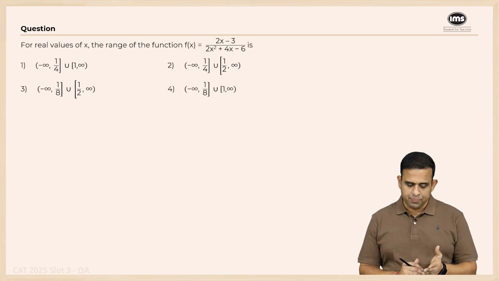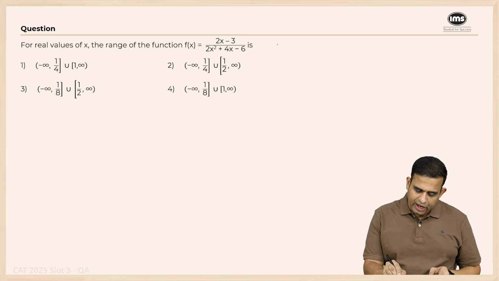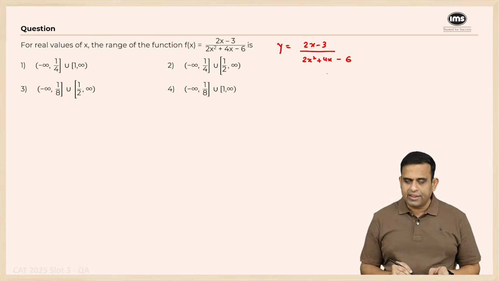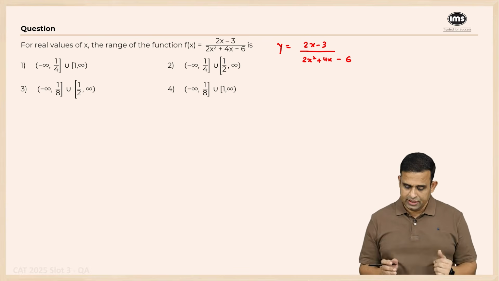So in this particular case, I will take the function to be y equal to (2x minus 3) divided by (2x square plus 4x minus 6). And then I'm going to cross multiply and I will try to form a quadratic in x.